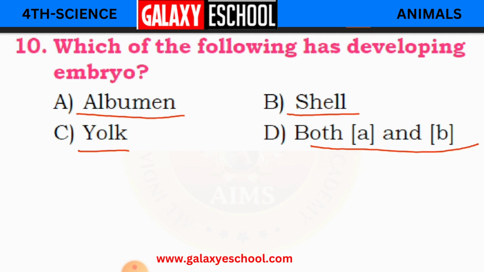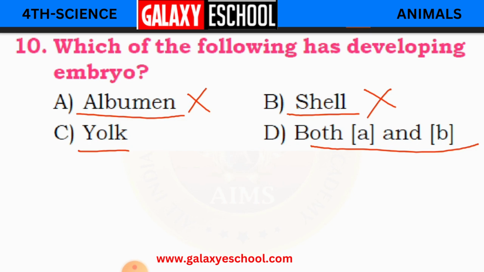Here albumen is nothing but the white jelly type of substance in the egg. So you do not have embryo there. So this is the wrong answer. Shell is the outer layer of the egg. So even here you do not have embryo. Yolk is what, children?